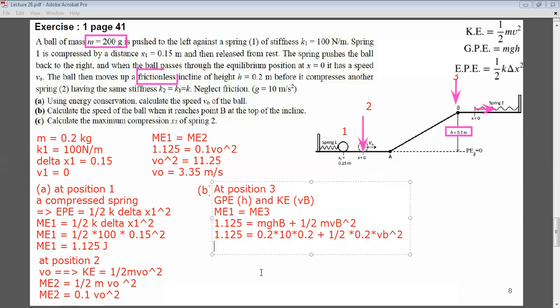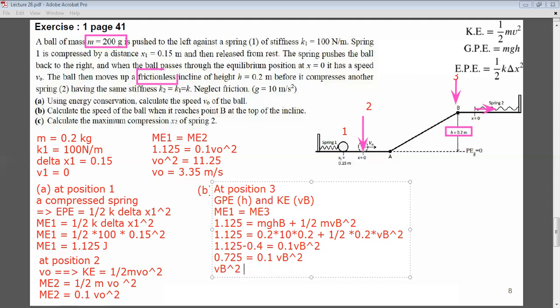So this will give me 1.125 minus 0.2 times 10 times 0.2, which is 0.4, is equal to half times 0.2, which is 0.1 VB square, right? 1.125 minus 0.4 is 0.725 is equal to 0.1 VB squared.